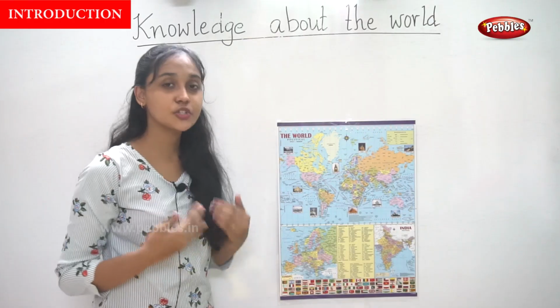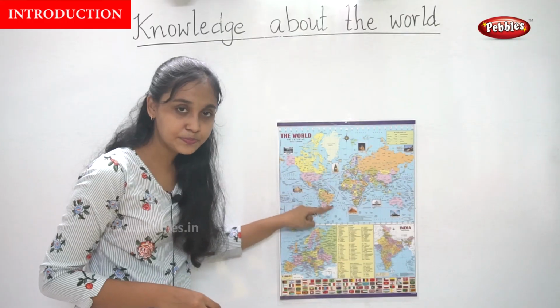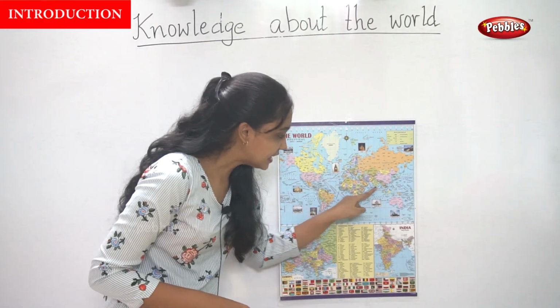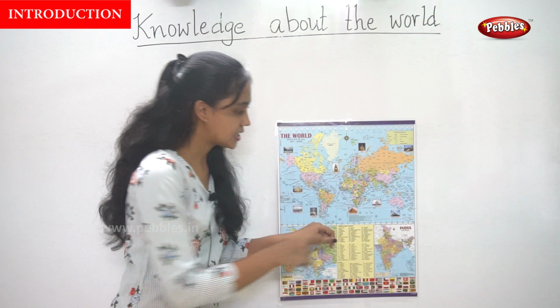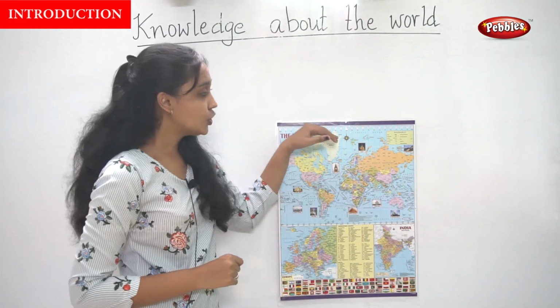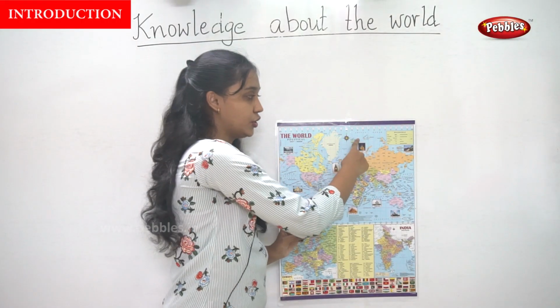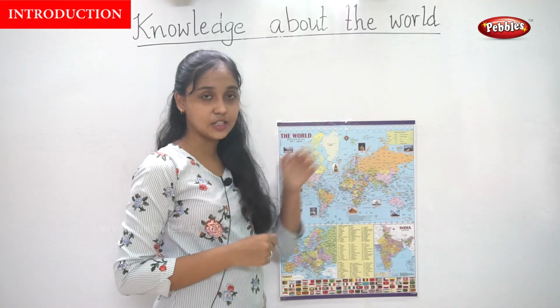Then moving on to the other oceans, this is the Atlantic Ocean. And then we have the Indian Ocean here. See, it is written here, Indian Ocean. And then to the north and south, we have 2 oceans. On the north, it is the Arctic Ocean.